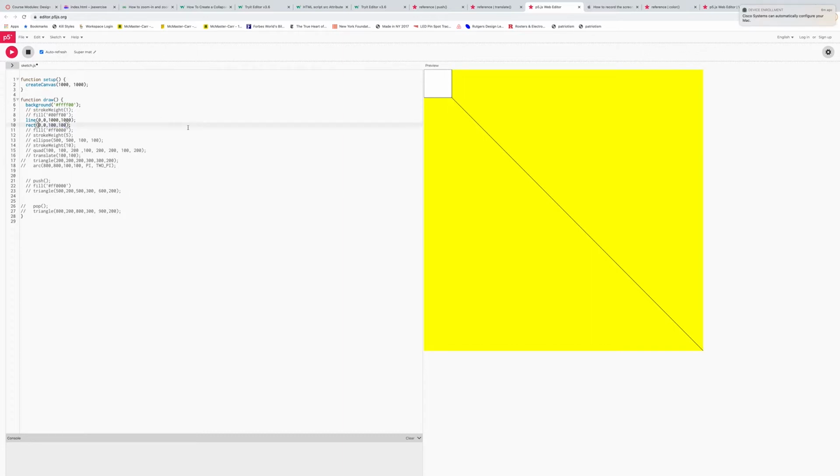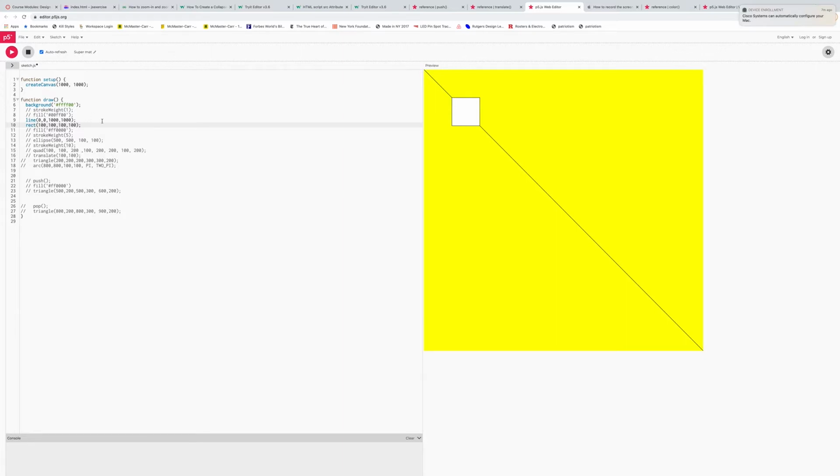However, if I were to make this 100, 100, you'll notice that the corner that had the coordinates of 100, 100 did not stay in the spot of 100, 100 on our canvas. And that's because 100, 100 here identifies the width and the height of the rectangle based on its origin.